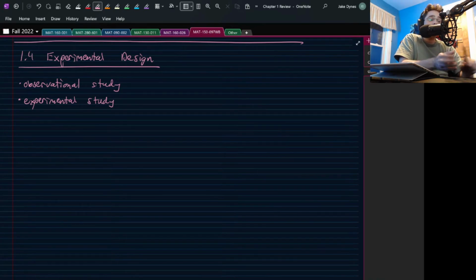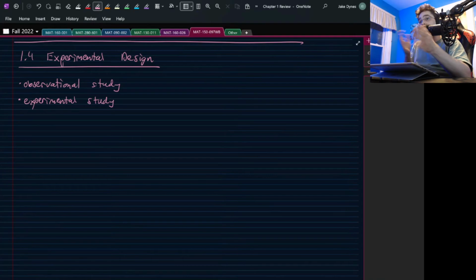The researcher might be testing how much exercise a person gets in a day influences certain things. And they're measuring how much exercise they get a day, as well as other things, and trying to see some correlation or something like that.